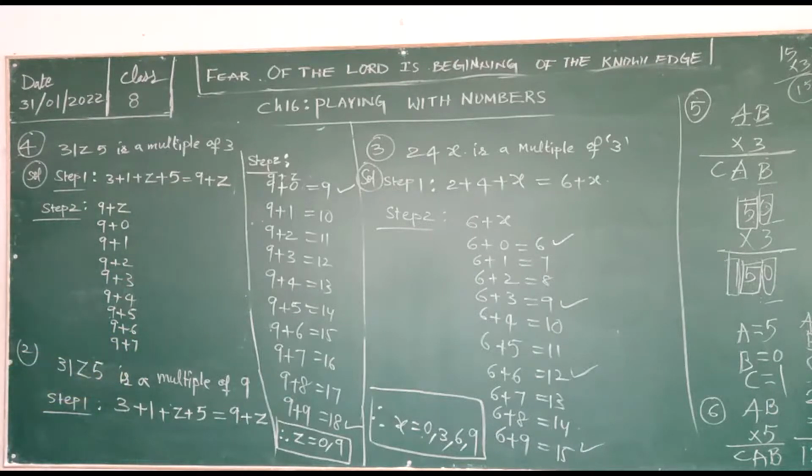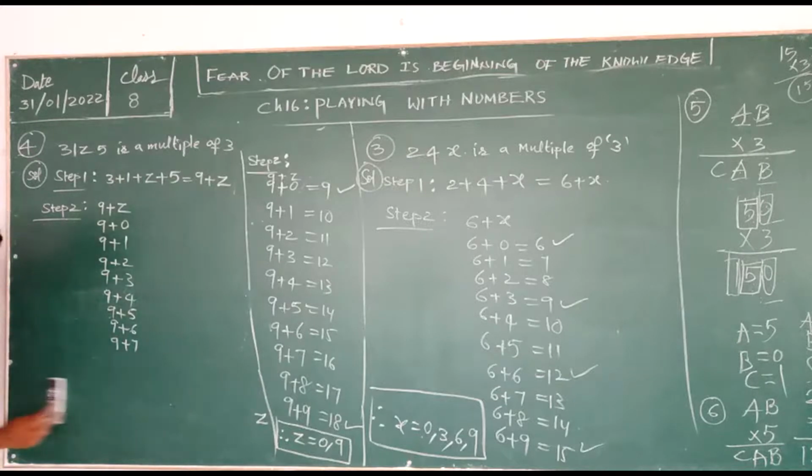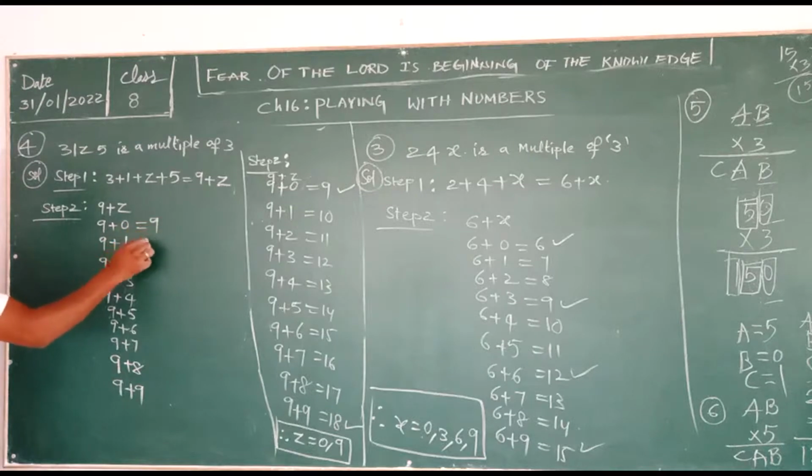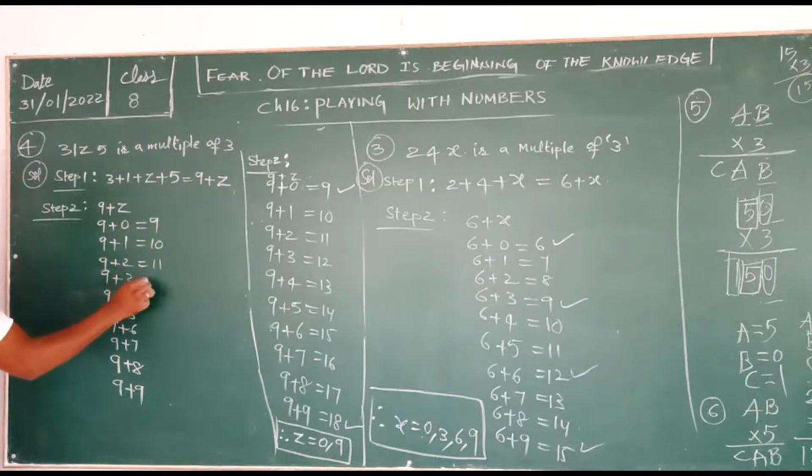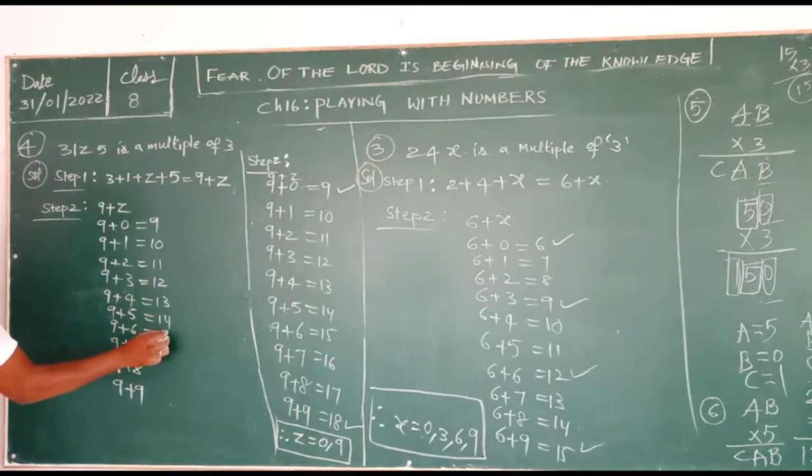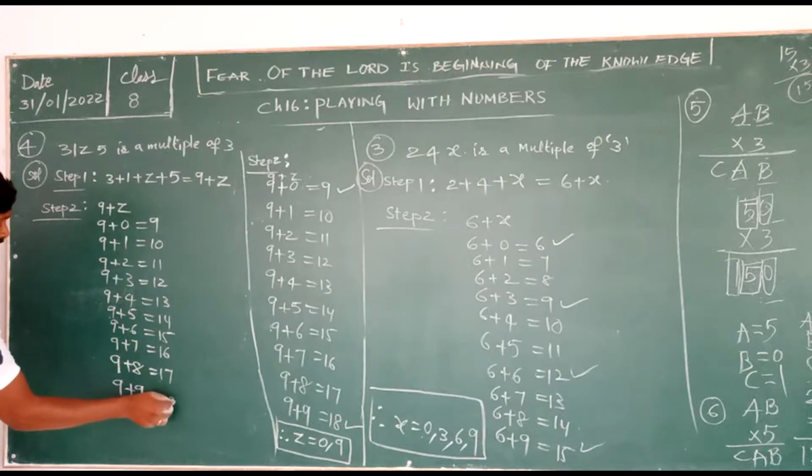Anyhow, this part also I'll rub. Next, 9 plus 8, 9 plus 9. Let's check. 9, 10, 11, 12, 13, 14, 15, 16, 17, 18.